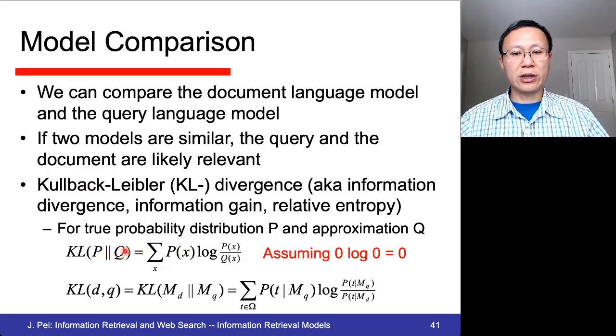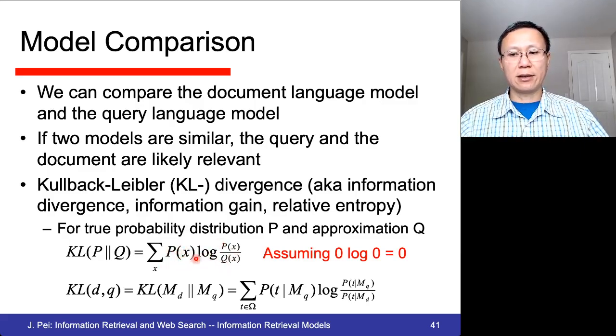We can use the distribution Q to represent the distribution of P. And then KL divergence essentially calculates the information needed to make this representation. So it takes P(x) divided by Q(x), the log value, times the probability of x, and we sum up all the possible values of x.